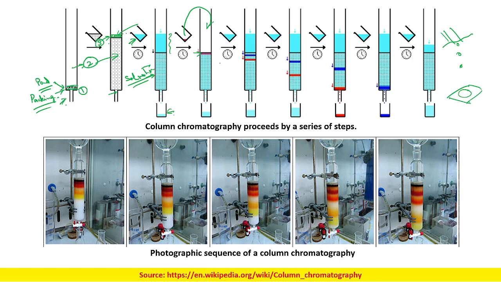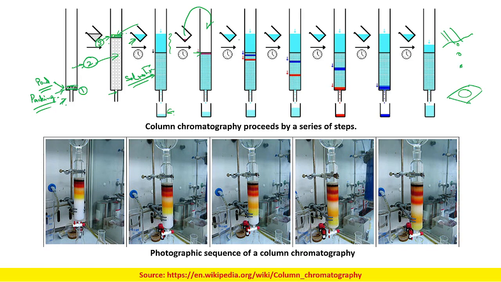The same thing happens over here also, when you add the solvent from the top. If you do not give this padding, it will affect the packing of the column. To avoid this, we add this pad, and it helps in proper distribution of the solvent on the surface of the column.